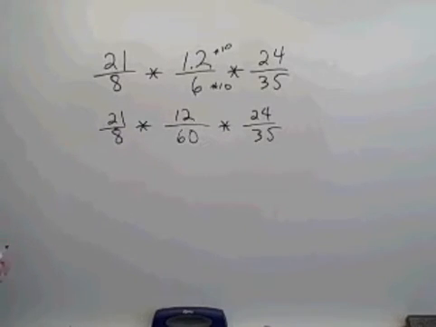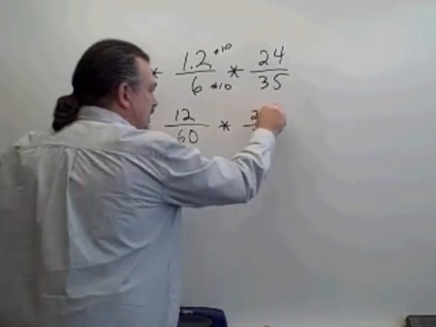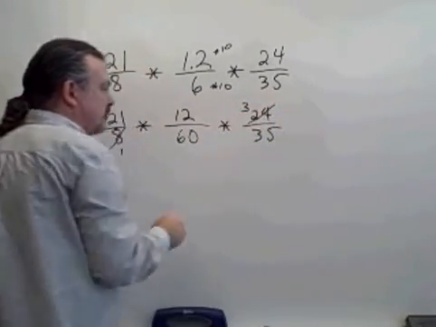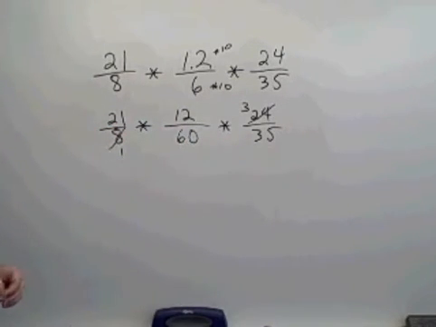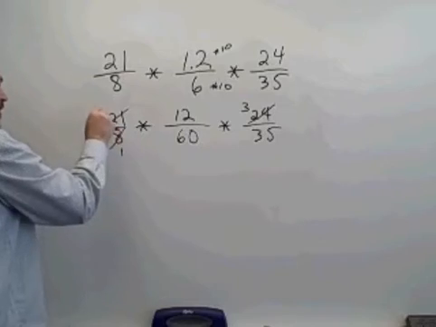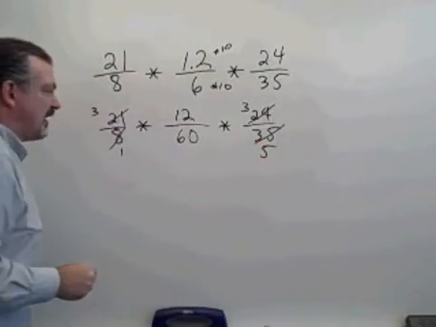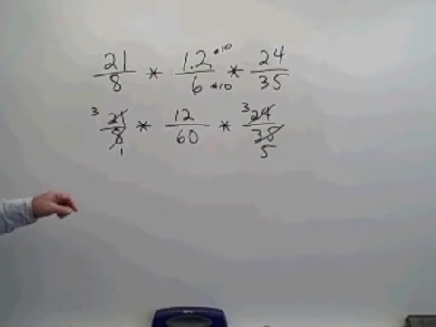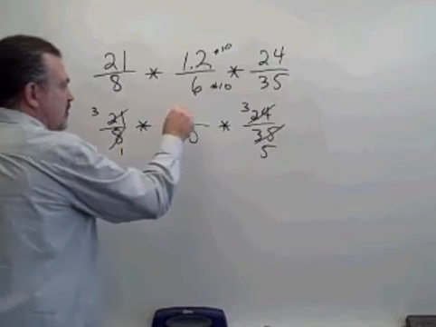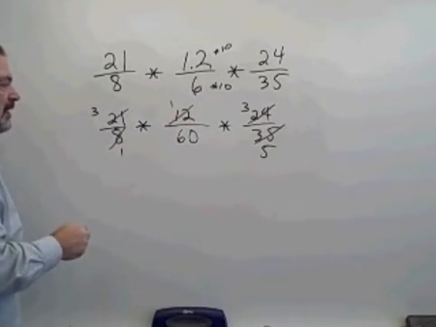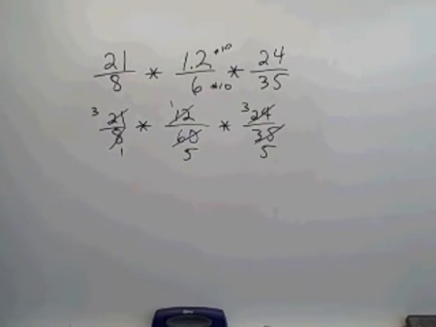Well, let's see what canceling we can do. One thing I noticed, 8 goes into 8 one time, and 8 goes into 24 3 times. Let's see, 21 and 35 are both divisible by 7, aren't they? 7 goes into 21 3 times, 7 goes into 35 5 times. Oh, and actually 12 is a factor of 60, isn't it? 12 goes into 12 one time, and 12 goes into 60 5 times.